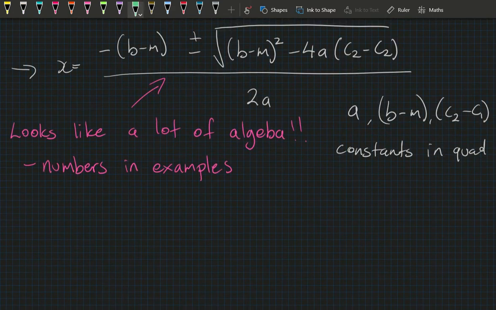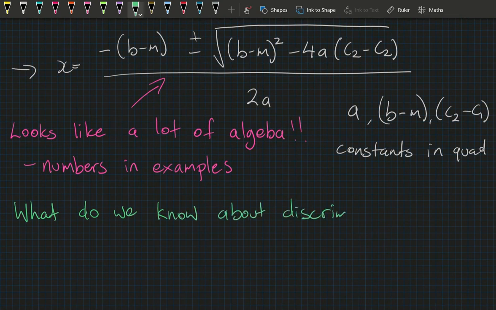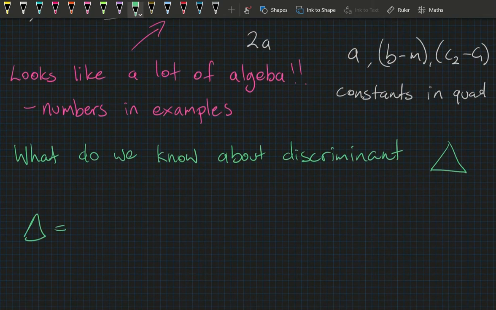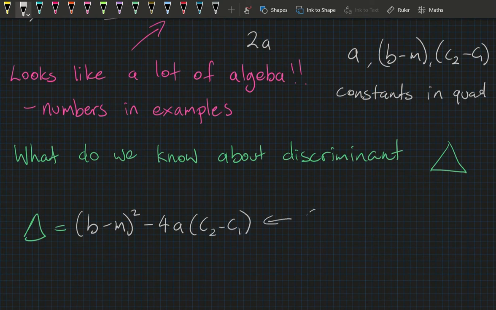Let's remember, what do we know about that discriminant? Well, the discriminant in this case is equal to (b minus m) squared minus 4 times (c2 minus c1), or the technical term for it is the stuff inside the square root.